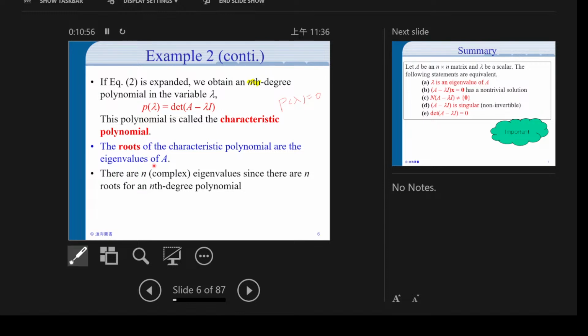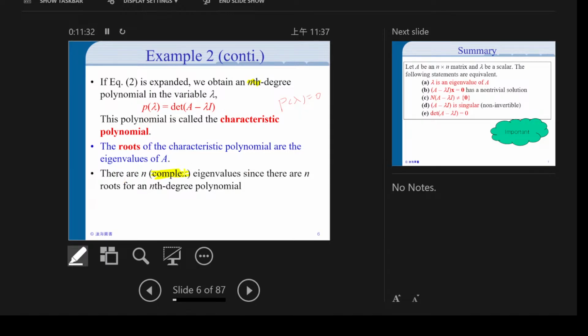Now we need to use a bit of analysis. We have an n-degree polynomial, and we want to say how many roots we have, and you will have n complex roots. So we calculate the eigenvalues. And here is actually the only part of this course where we really care about complex numbers, because when we solve polynomials we will have complex roots.